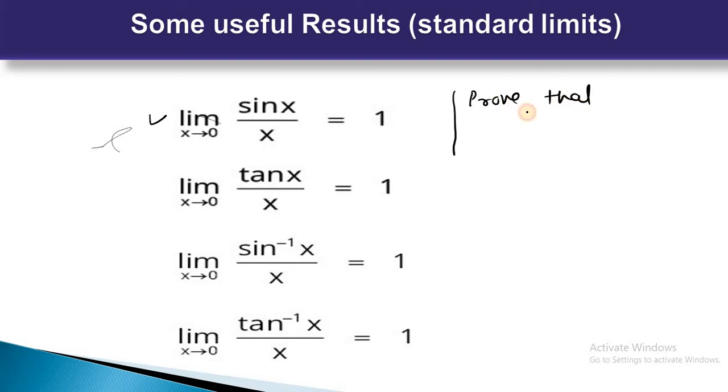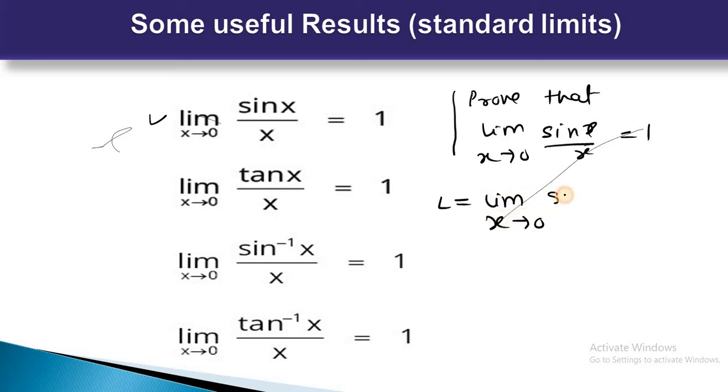Prove that the limit as x tends to 0 of sin x upon x is 1. Let L be the limit as x tends to 0 of sin x upon x. When I substitute x is 0, it is a 0 by 0 form, so I apply L'Hospital rule.